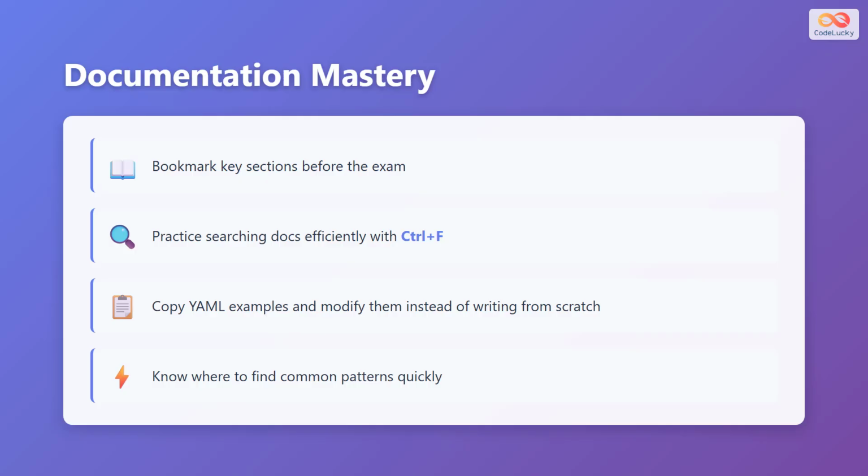This approach is much faster and reduces the chance of syntax errors. Know exactly where to find common patterns like pod definitions, deployment configurations, and service specifications. The ability to quickly locate and adapt documentation examples can make the difference between passing and failing.